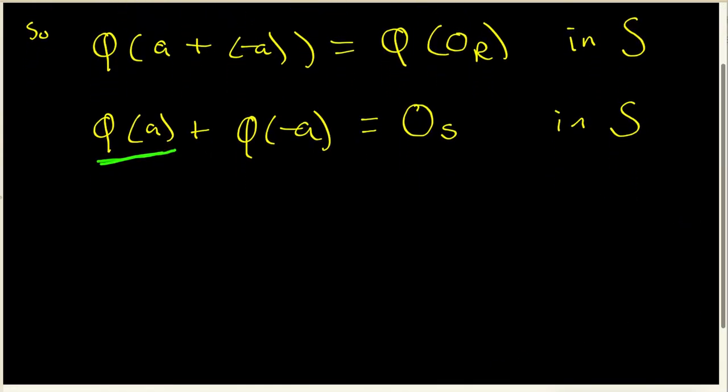Let's put this in a different color. We're going to look at minus phi of A, and we're going to add that to both sides. So minus phi of A.